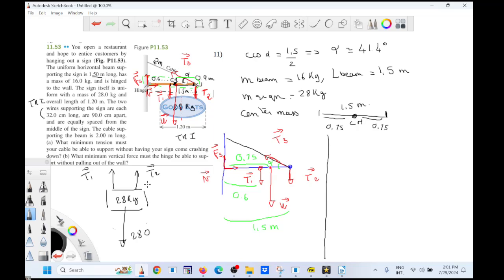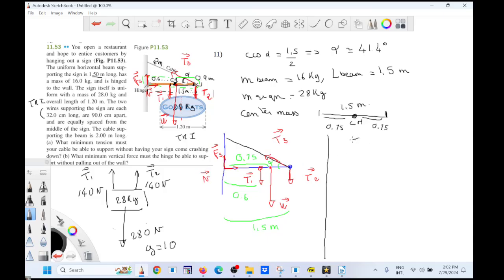So T2 here will be, so down equals up, T2 will be 140, and that will be 140. And we take g equals 10. So we have this, we have that, we have that. We want to find this.